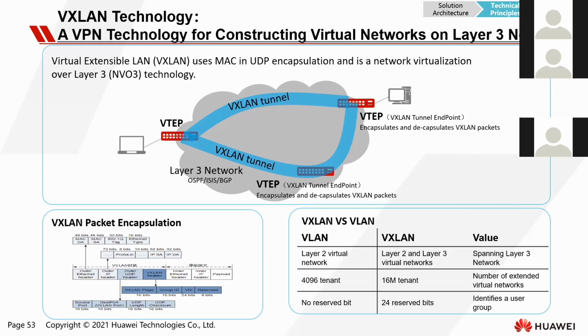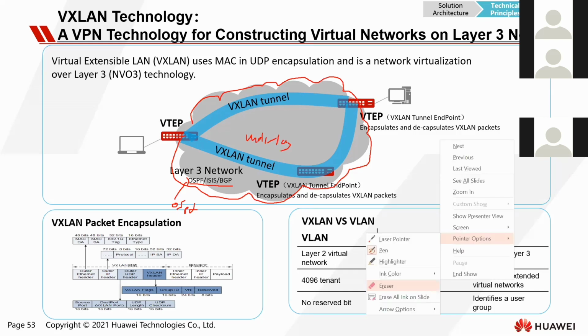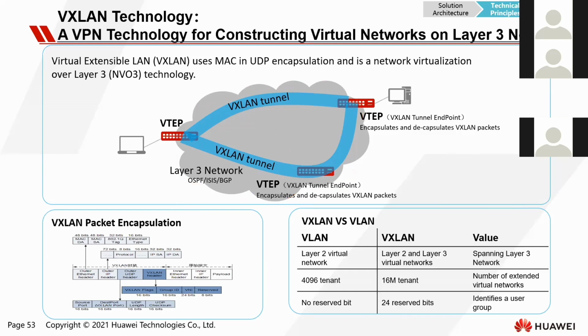As you can see from here, below the gray cloud is the traditional layer 3 network, or we can call it the underlay network. In the underlay network, we will use OSPF, IS-IS, or BGP. But in our solution, we will always use OSPF for the underlay.